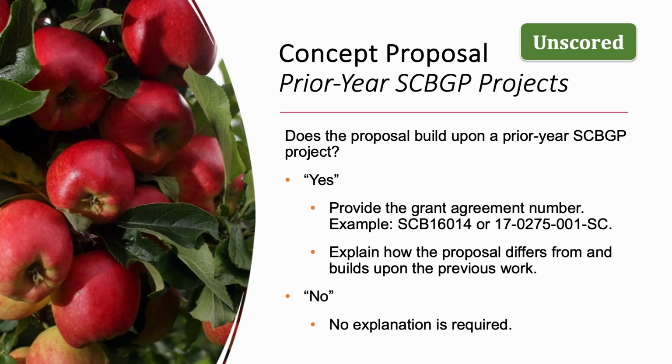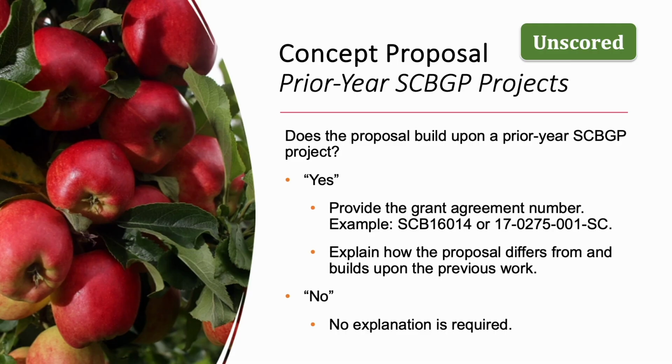The next section asks whether the proposal you are submitting builds upon previous projects that were funded by SCGBP. If your proposed project builds upon a previously funded project, select Yes from the drop-down menu provided. In the first text box, provide the grant number for the previous project, and in the second text box, explain how the proposed project differs from and builds upon the previous work.